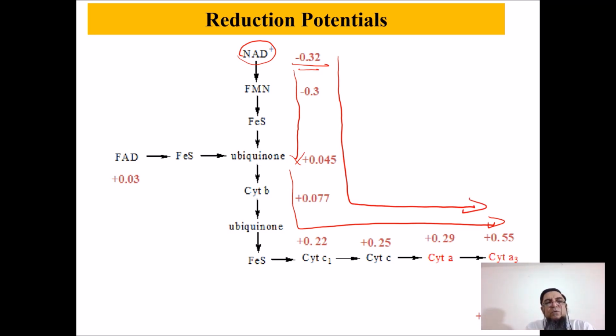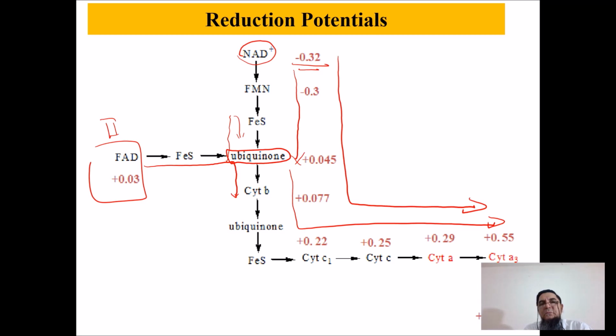If you see FAD, which is complex 2, it enters at the ubiquinone, coenzyme Q level. So it has to move like this. It cannot go like this and then come back again. So they are moving from the more electronegative to the electropositive.